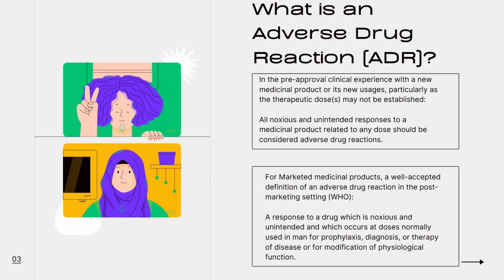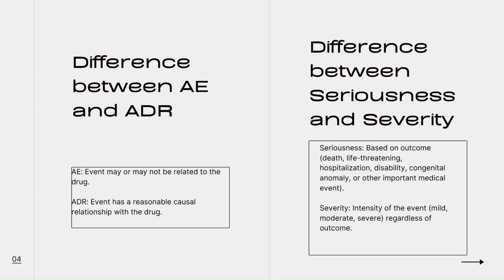And for the marketed medicinal product, a well accepted definition as per WHO is a response to a drug which is noxious and unintended and which occurs at the doses normally used in human beings, for the prophylaxis, diagnosis, or therapy of disease or for the modification of a physiological function.